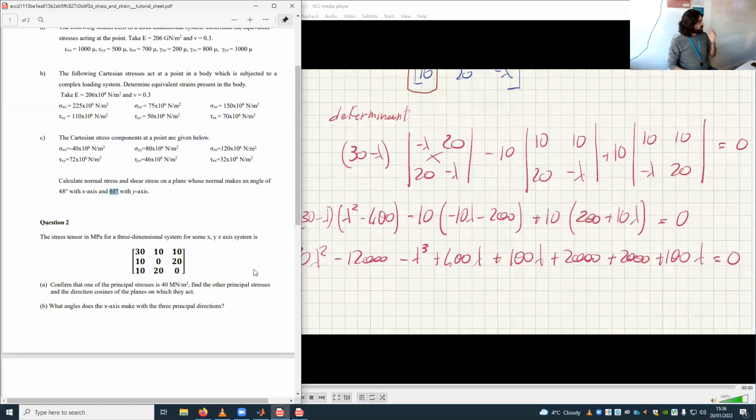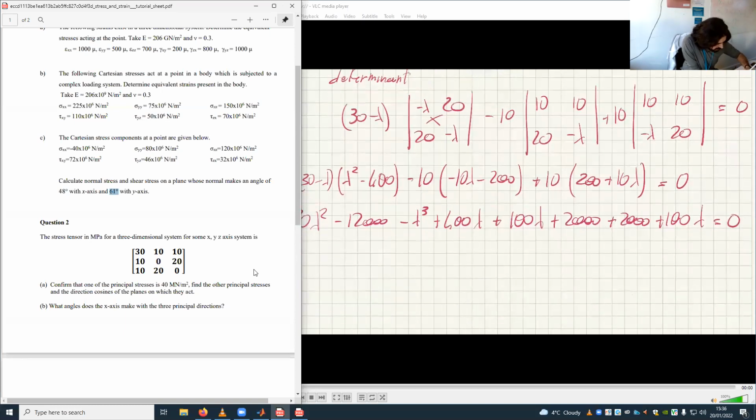And now I just have to collect all the same coefficients. So let's start with the lambda cubed. Lambda cubed is this, only this. Lambda squared is this and only this. And lambda is this, this, and this. Okay, so let's collect them all together.